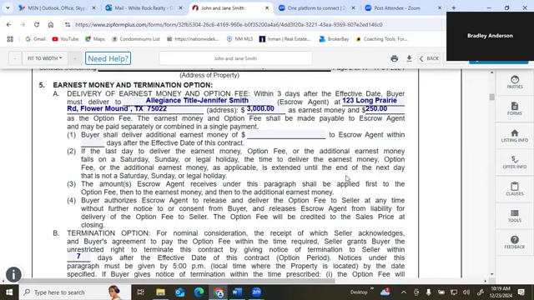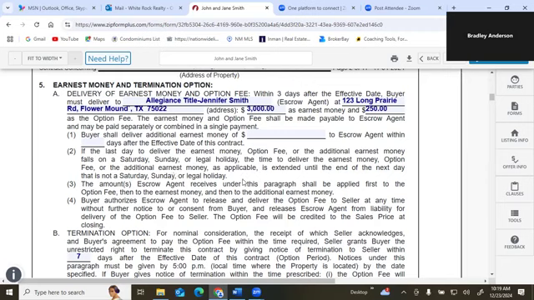So let's say April 1st was a Thursday. So April 1st is a Thursday. April 2nd is your first day, but that's a Friday. And the third day would be Sunday. Well, it says here, if it falls on a Sunday, it goes to the next business day that's not a Saturday, Sunday, or legal holiday. So that would be a Monday.